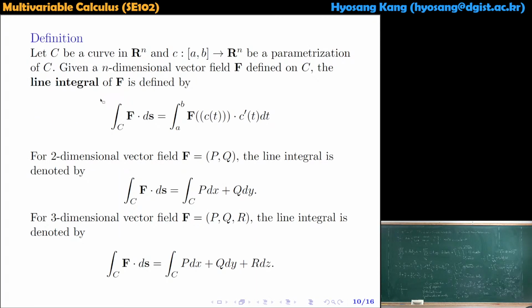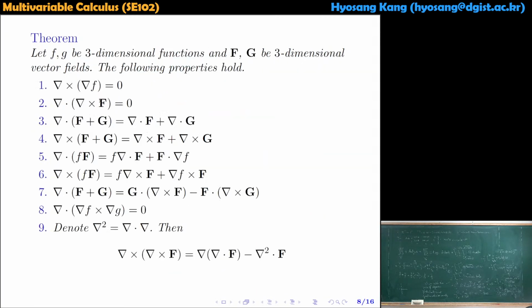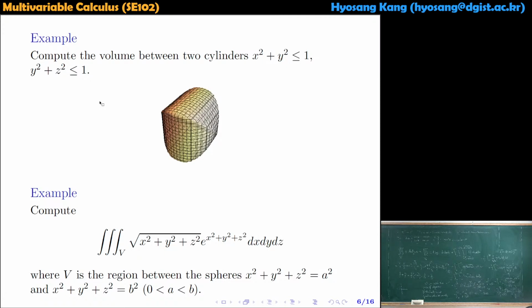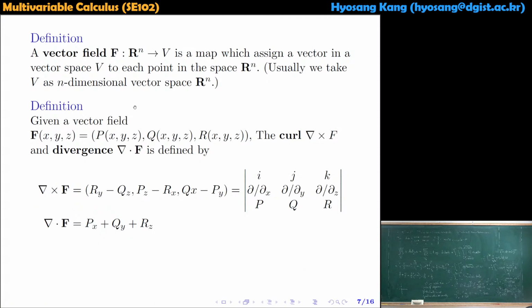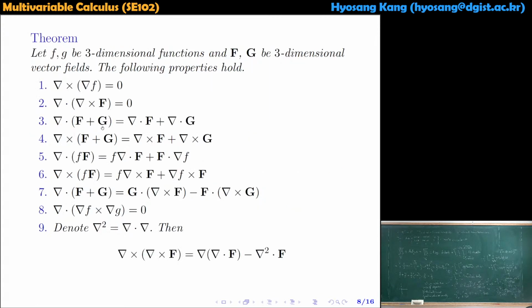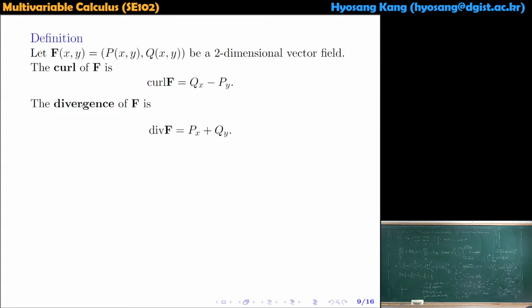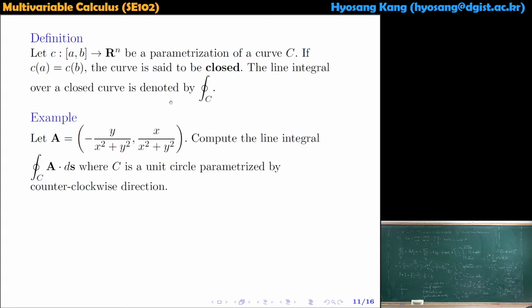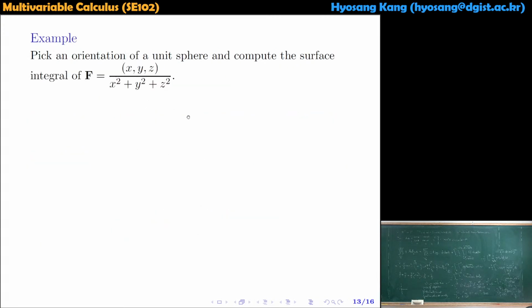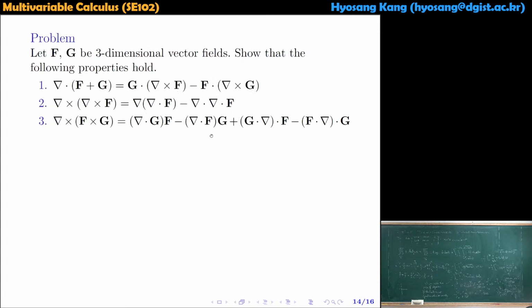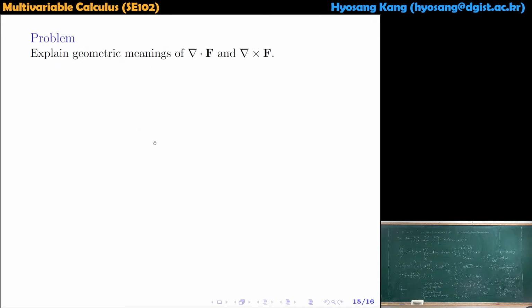So far we talked about the integration of real valued functions, and next time we're going to talk about vector integration over vector valued functions. We're going to introduce all the notations, curl and divergence, and the meaning of those things. So if you have time, please read the textbook or the slide before the class so that you can understand better.